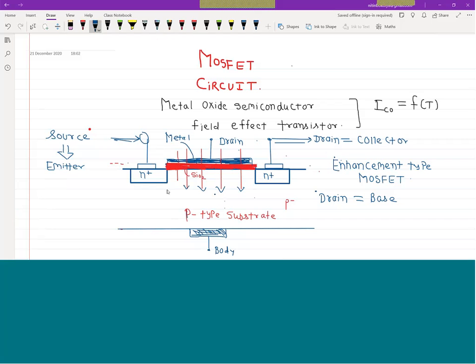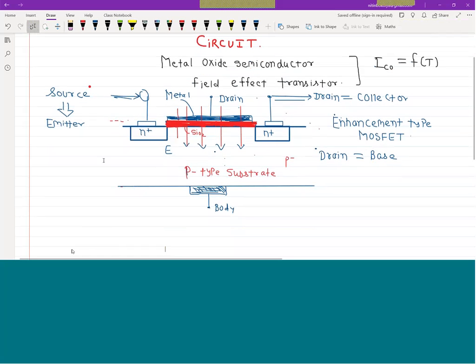This is the direction of the electric field. We will try to understand this. The width of the channel is modulated, a channel will form here. We will see how we can form this channel.